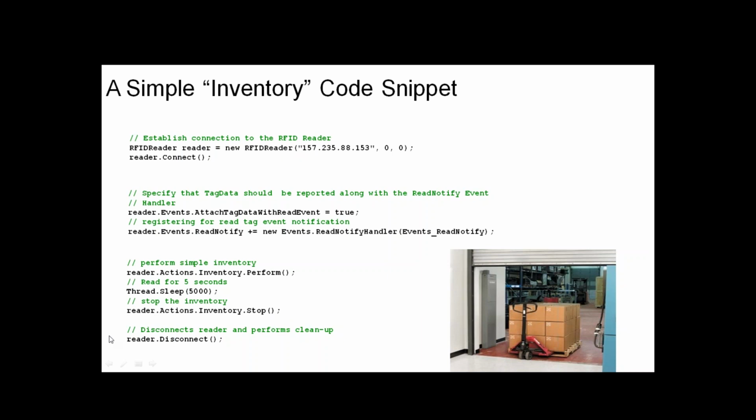Now, this is the .NET example that I'm showing here, but you get the idea. As we talked about the anatomy of the application earlier, you can very easily connect to the reader, set up any of the event handlers, do the read, and then once you're done reading the data, close out, do any cleanup and such. So pretty straightforward from that standpoint.